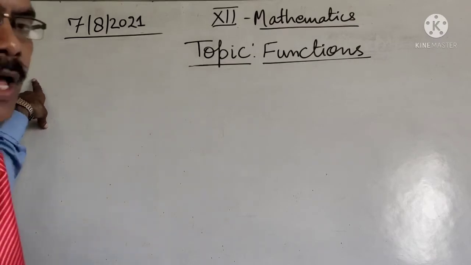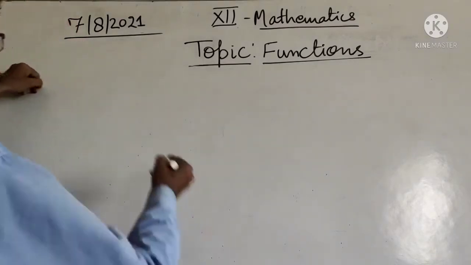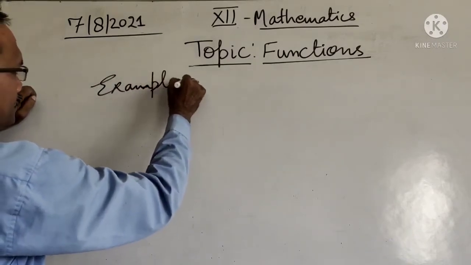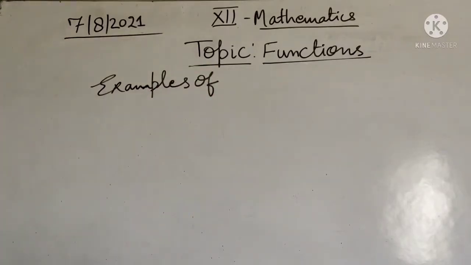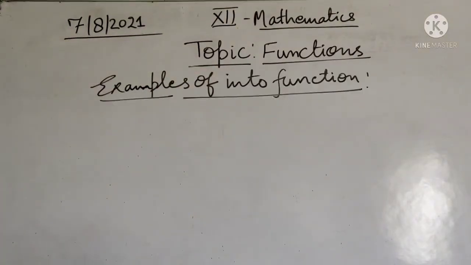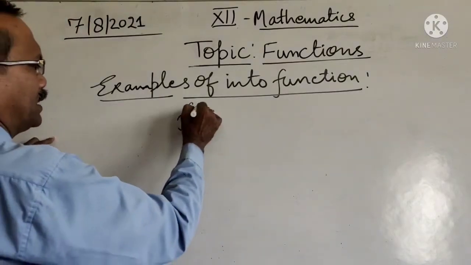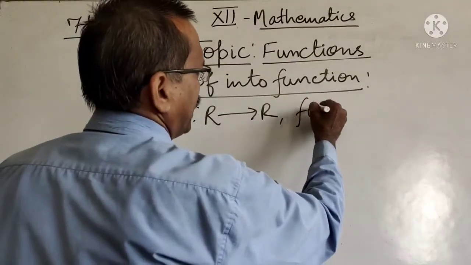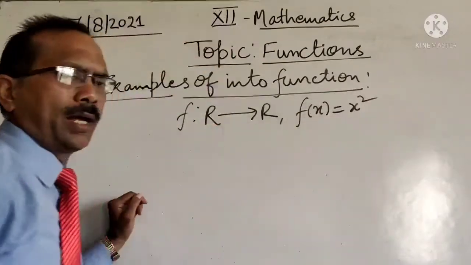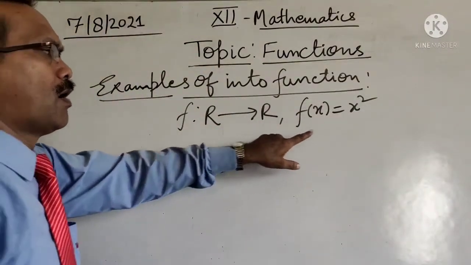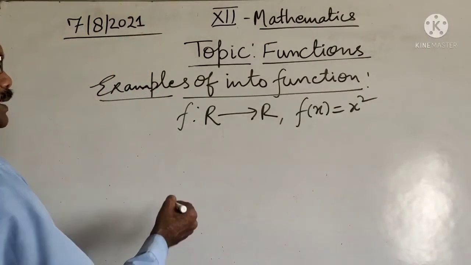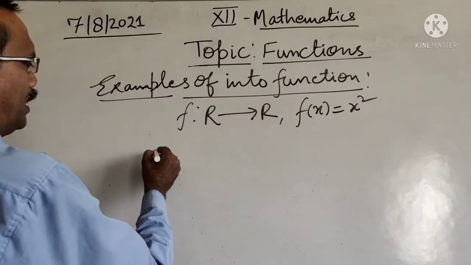Dear student, now examples of into function. If there is a function from R to R and it is defined as f(x) = x square, then all the positive elements are the images. Let's see the range.